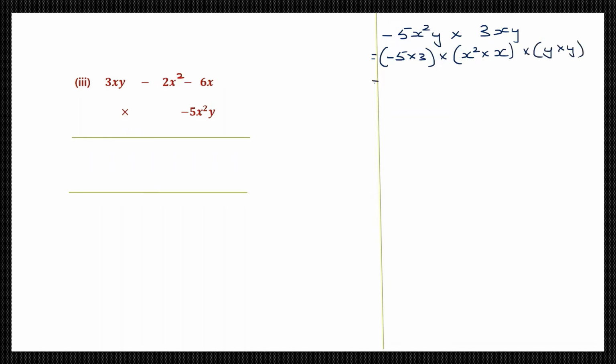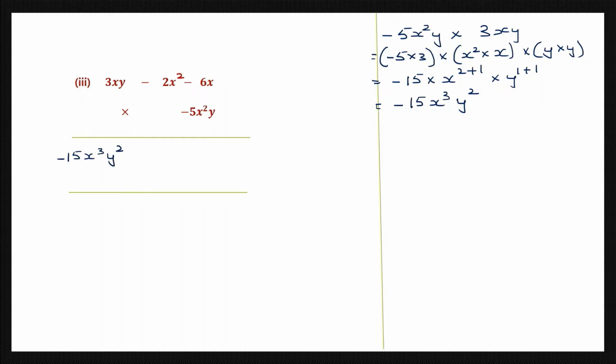So that will be minus into plus is minus. 5 3s are 15 into x to the power of 2 plus 1 into y to the power of 1 plus 1. So what is this? Minus 15x to the power of 3 y to the power of 2. So let's write that down. Minus 15x to the power of 3 and y to the power of 2.